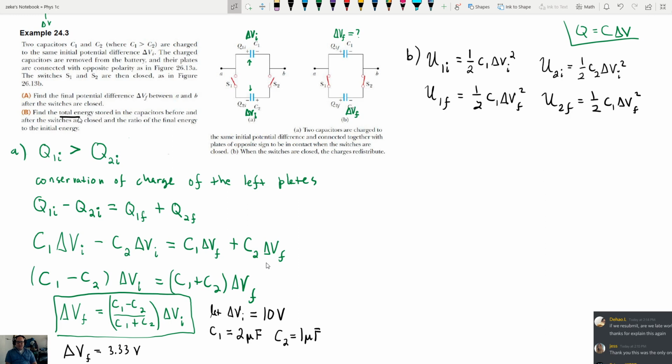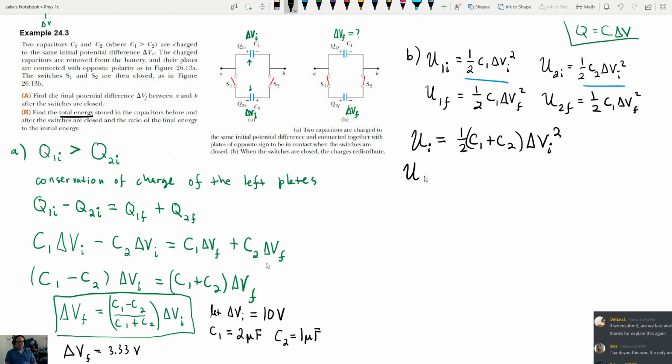And now it says we want to find total energy, right? So the total initial energy, U initial, is going to be equal to the sum of these two terms. They both have delta V initial in common, so when we sum them, we're going to get 1/2 C1 plus C2 multiplied by delta V initial squared.